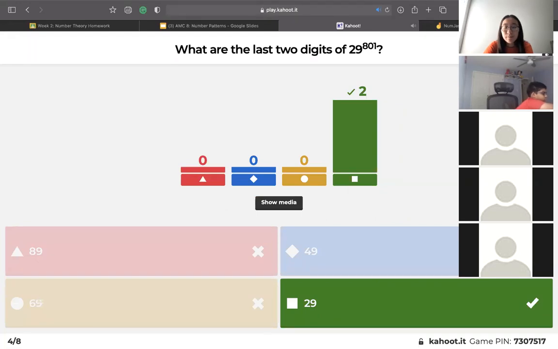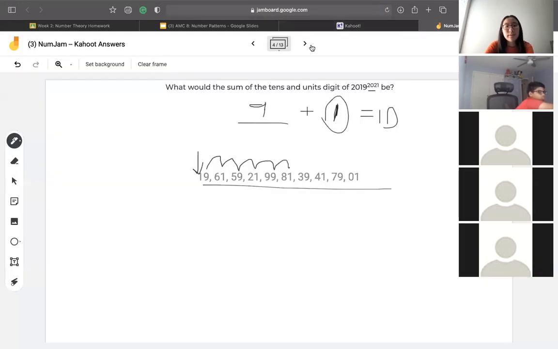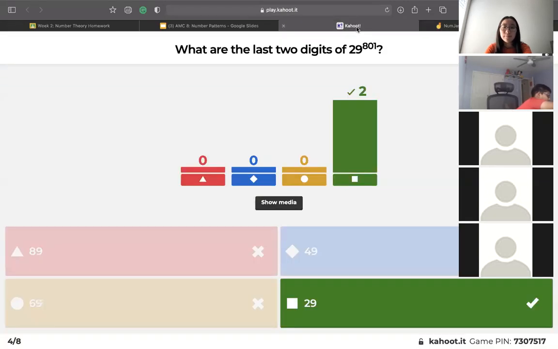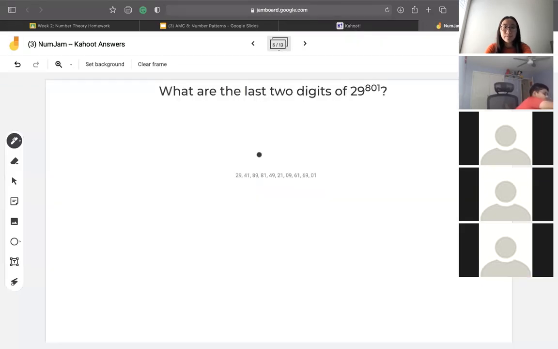Okay. So both of you got it correct. But let's just go over this. So the last two digits of 29 to the 801st power. So you can see that the units digit has a pattern of 91991, and 801 mod 2 gives you a remainder of 1.